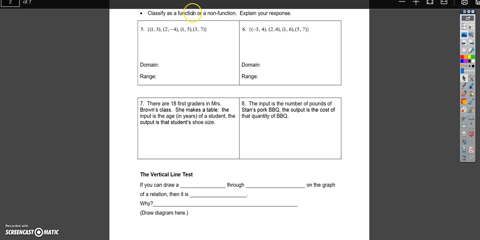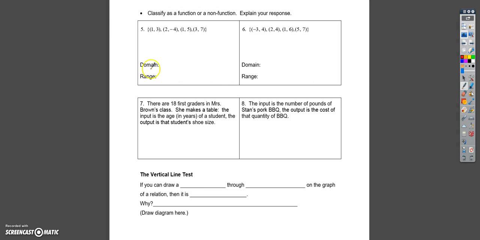Alright, classify as a function or non-function. Explain your response, and then write the domain and range. Alright, look at the x's. 1, 2, 1. Uh-oh. X repeated, not a function, because x repeats.